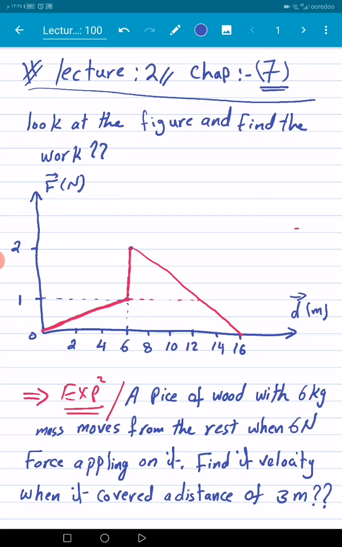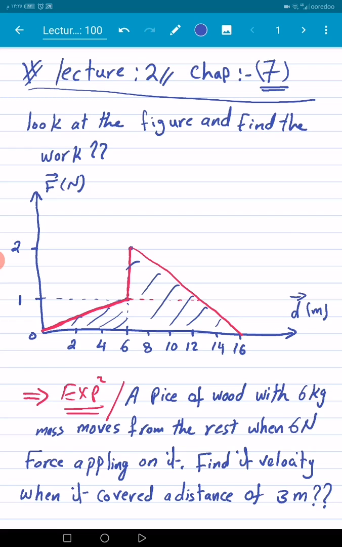First I look at the figure and think about what I can do. From the lectures that we studied together in class, we know there are some shapes under the graph.